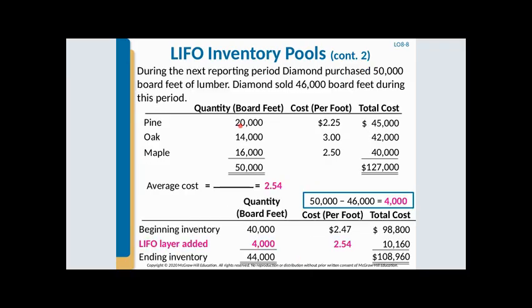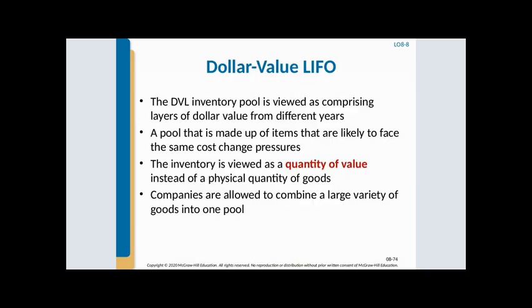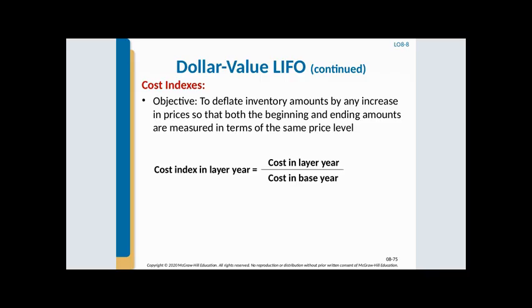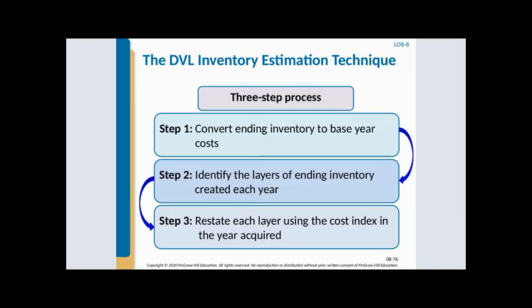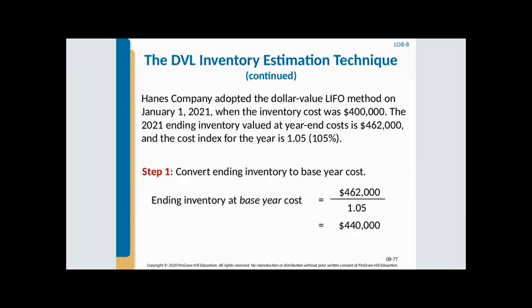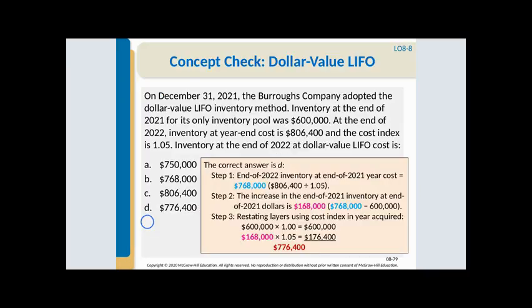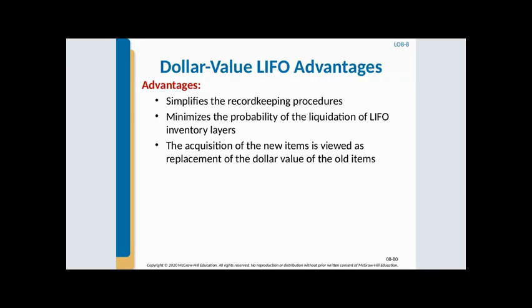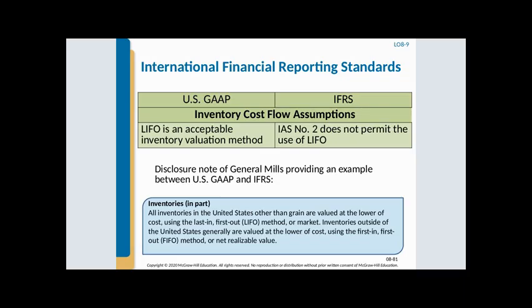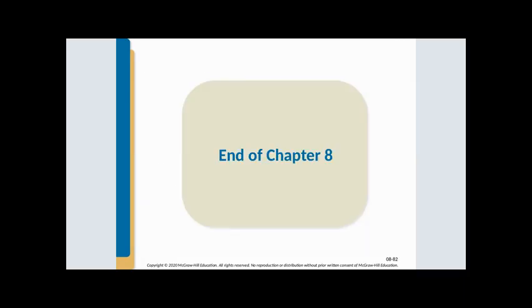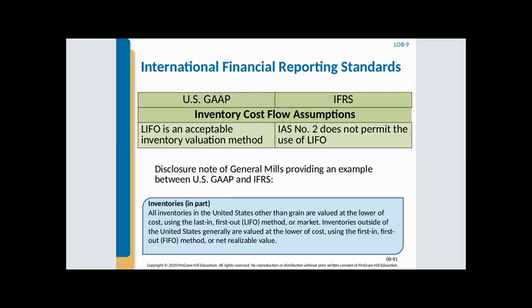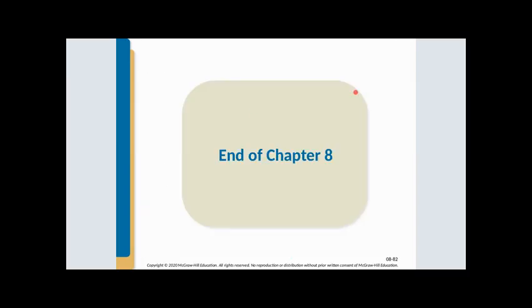So we use methods like inventory pools and dollar value LIFO to smooth out these differences. That's just FYI. I don't think you have any exercises with this. You're welcome to read this on your own. And that pretty much concludes chapter 8.